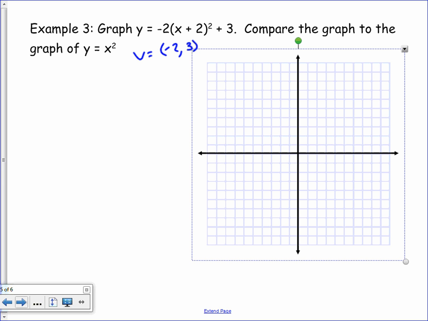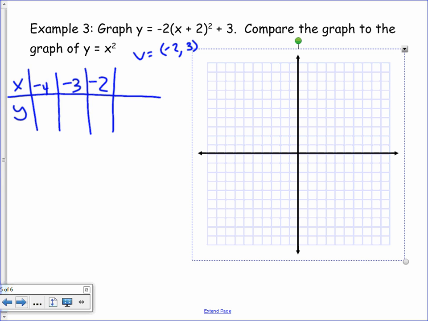It doesn't necessarily matter that the 2 is there, that just makes our graph either wider or narrower, remember? So we're going to make our table of values again, and we want one of them to be when x is -2 as our vertex or center point. So let's do -3, -4, -1, and 0. We know it should be 3, but we'll see when we evaluate it.